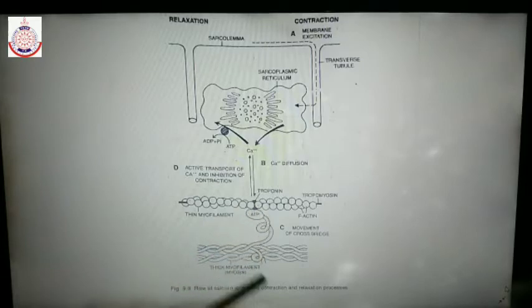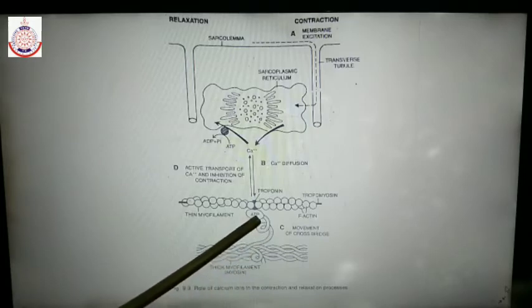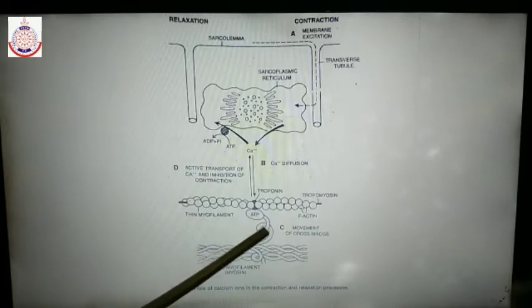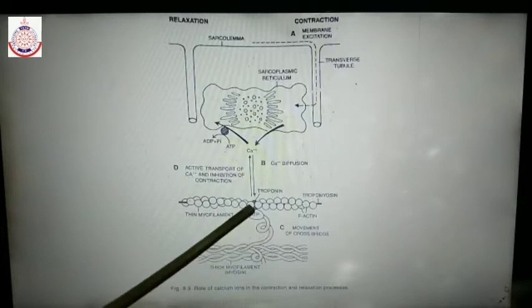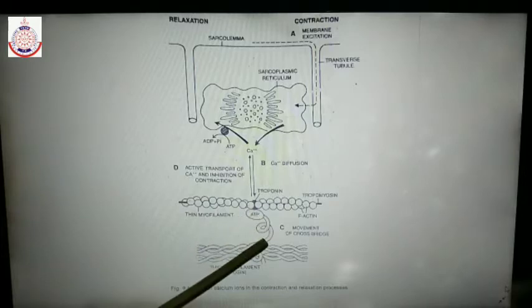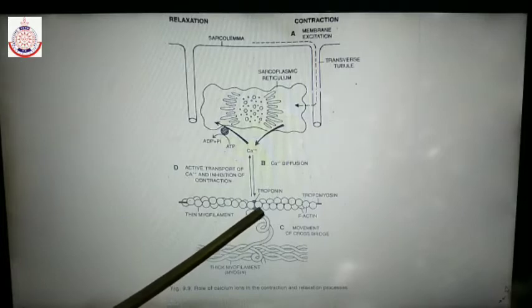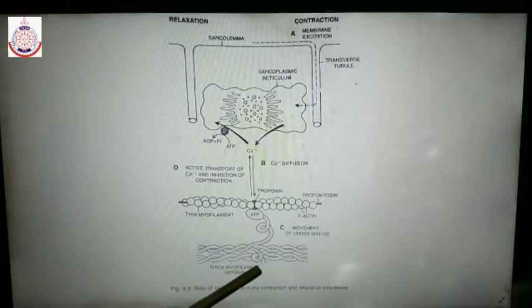On the other hand, the myosin filament, that is the thick myofilament, has cross arms. All of you remember the cross arm. The cross arm consists of a head and a short arm, and it has the actin binding site. The head of the thick myofilament is made up of meromyosin.